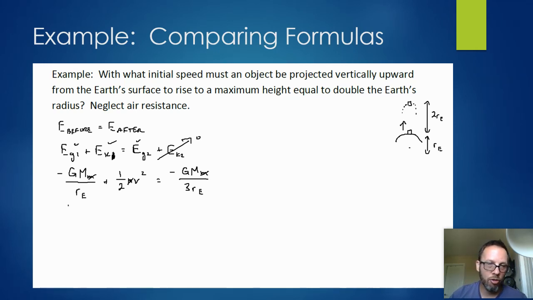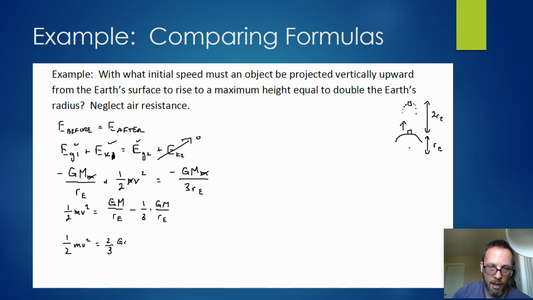So I'm just going to show an intermediate step here. I'm going to bring that term over. So GM over RE minus 1/3 GM over RE. So now we basically have 1 minus 1/3, and we get 2/3 GM over RE.